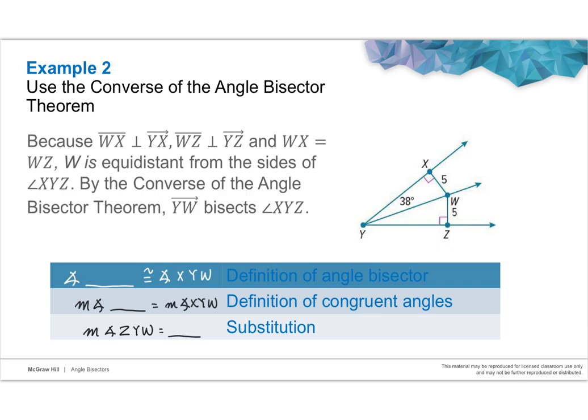Therefore, the measures of the parts are going to be equal. The parts of the angle bisector, XYW and ZYW, are congruent, and therefore their measures are set equal. And ZYW is the same as what is marked with 38 degrees.